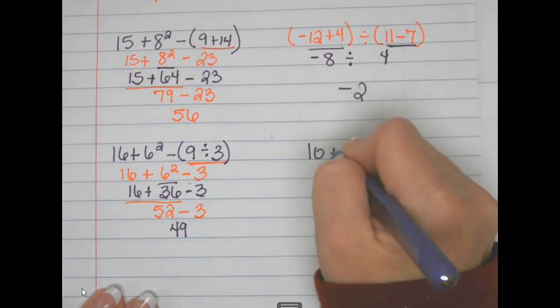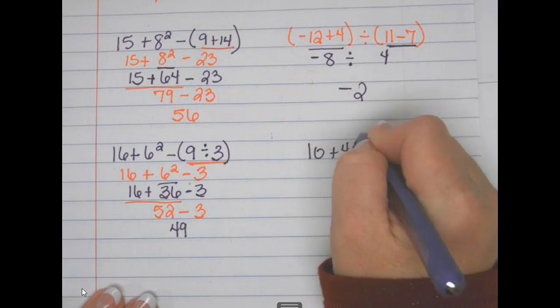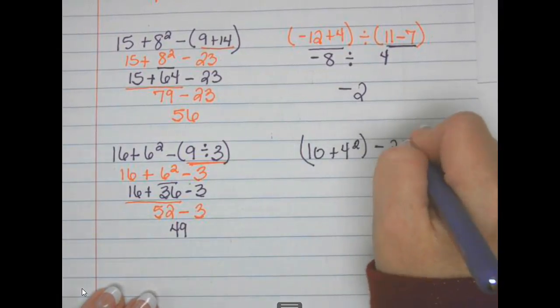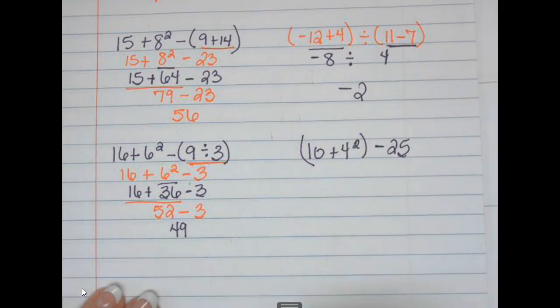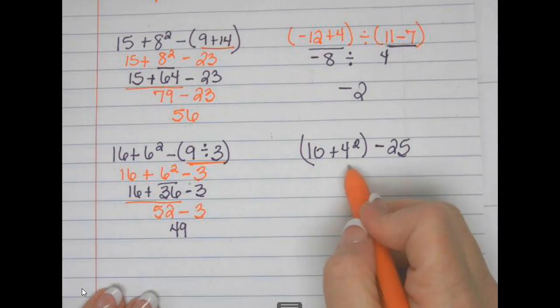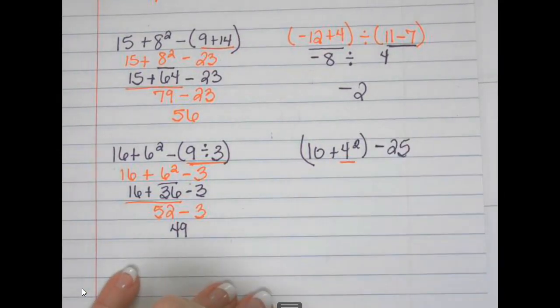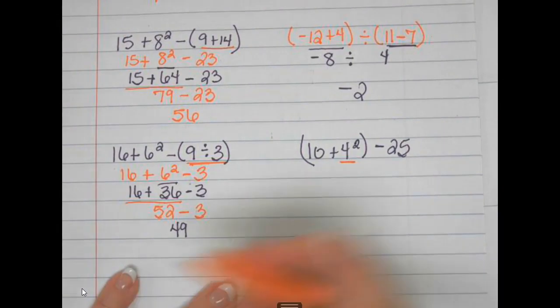10 plus the quantity 4 squared minus 25. So inside the parentheses, I'm going to start over on the order of operations. Inside the parentheses, I have 4 squared. 4 squared is 16.